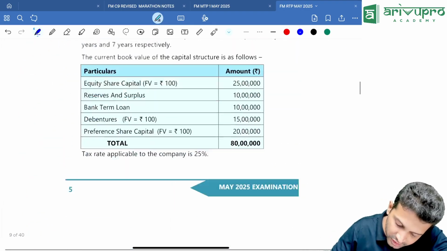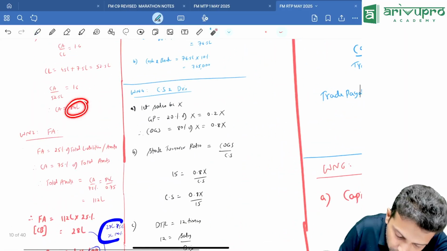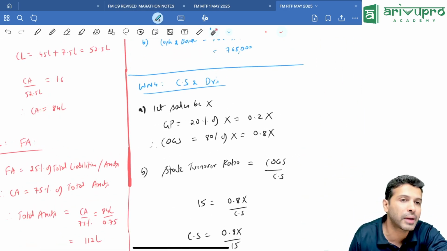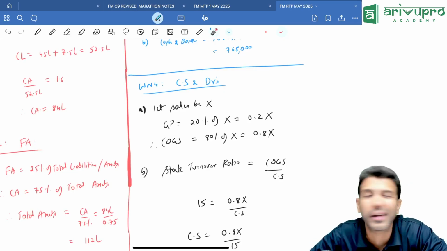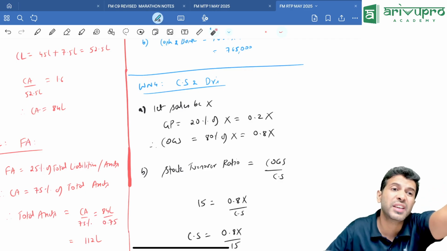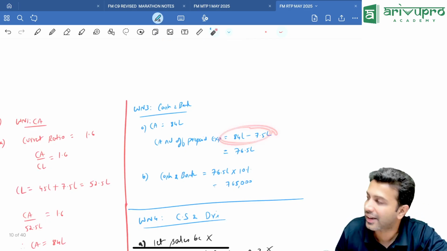What is the current assets? The current assets we have got in our question right now is 84 lakh. Sir, can we take this number and find out cash and bank balance, or do we have to net off prepaid expense? We have to net off prepaid expense. Prepaid expense given in the question is 7.5 lakh. First, reduce 7.5 lakh. That's what we mean by netting off.